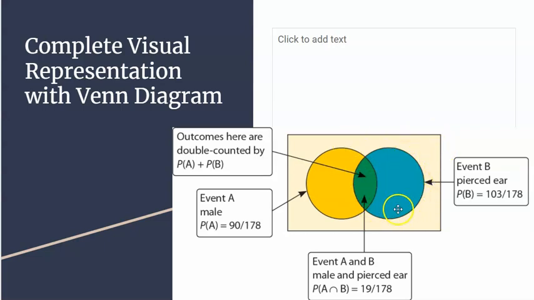We've got the space where people have ears pierced, which is of course the entire population there as well. And finally, we have 19 on the inside to represent the double-counted area. This is why the formula for the general addition rule works visually, and the outside is neither event A or B. So this is the complement of A or B, you could say.